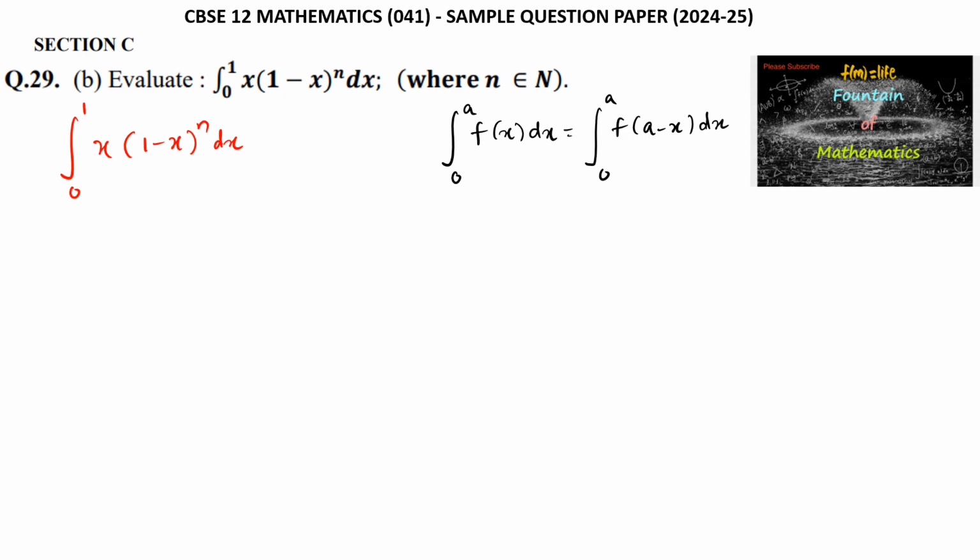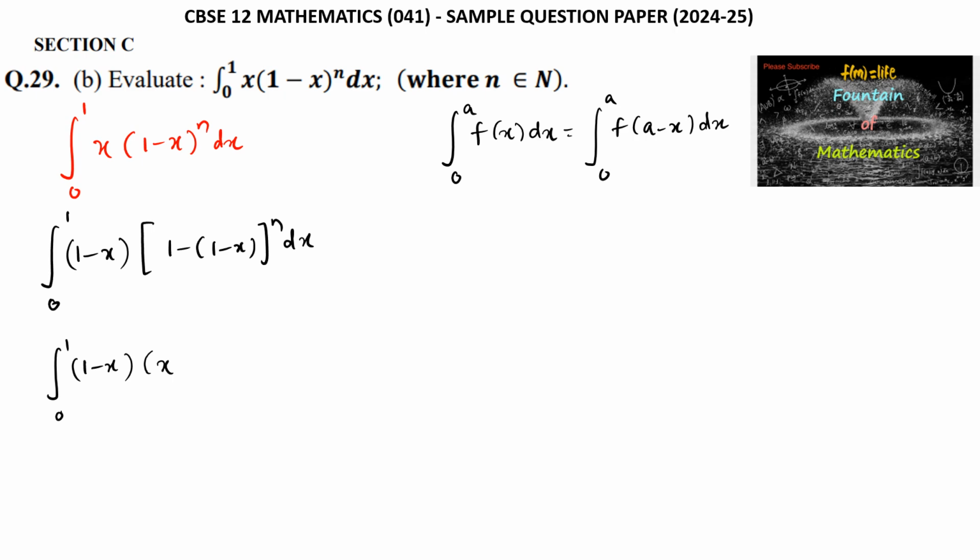So we can write integral 0 to 1, in place of x we write 1 minus x, into 1 minus of (1 minus x) whole to the power n dx. Integral 0 to 1, (1 minus x) into 1 minus of (1 minus x), which can be taken as x. So x to the power of n dx, which is integral 0 to 1 of x power n minus x to the power of n plus 1 dx.